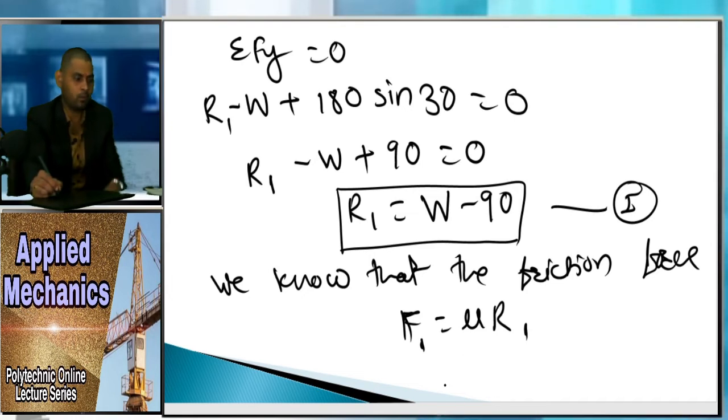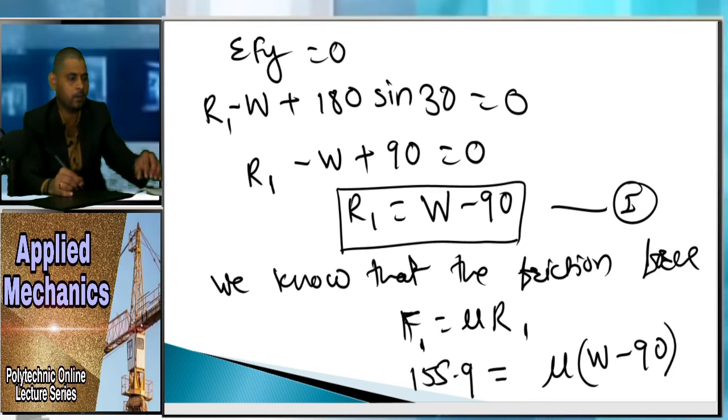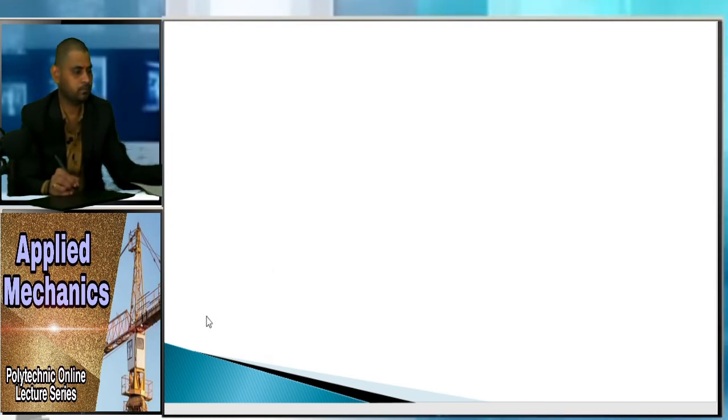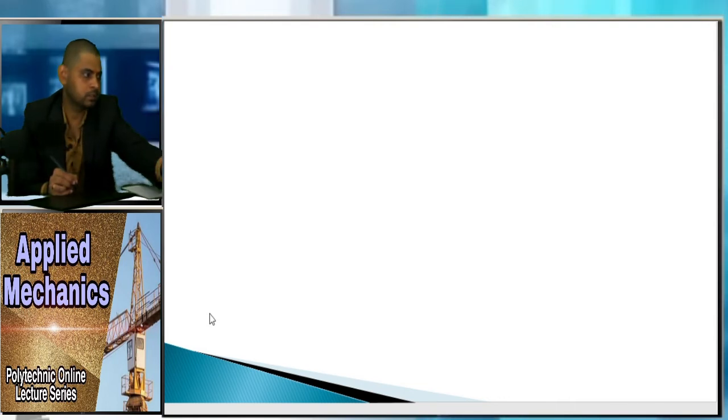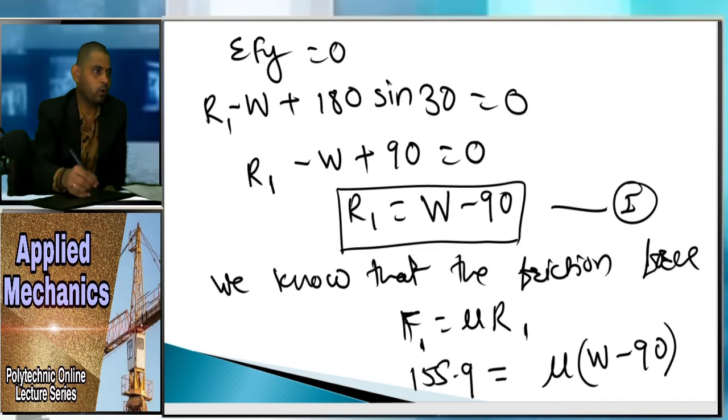Now put the value of F1 here, that is 155.9, is equal to mu, and put the value of R1, that is W minus 90. Let us call this equation number 2.